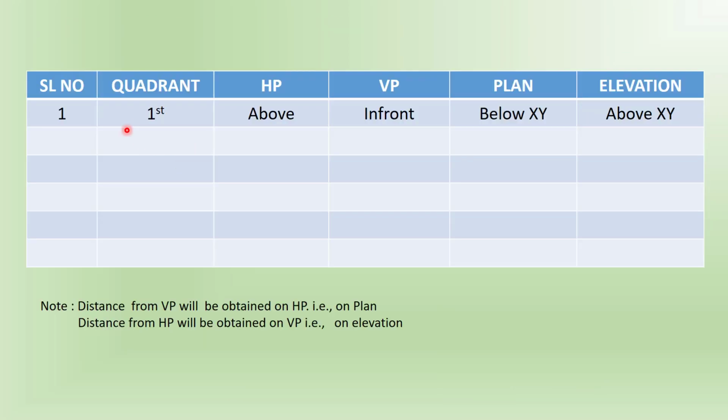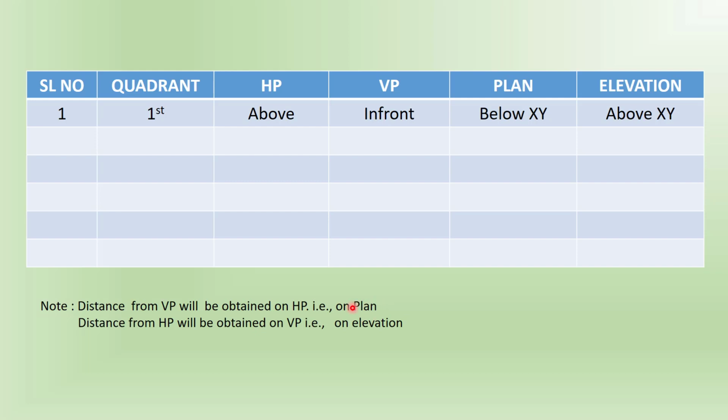So here, if the point lies in the first quadrant, it will be above the horizontal plane and in front of the vertical plane. You will get the plan below the XY line and elevation above the XY line. Distance from VP will be obtained on HP, that is on plan, as I have already mentioned.